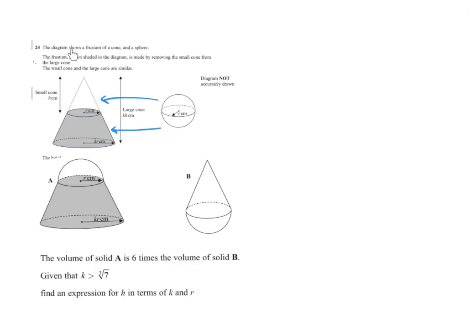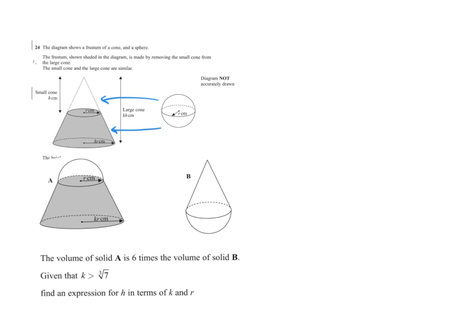24. The diagram shows a frustum of a cone and a sphere. The frustum shown shaded on the diagram is made by removing a small cone from the large cone. The small cone and the large cone are similar.